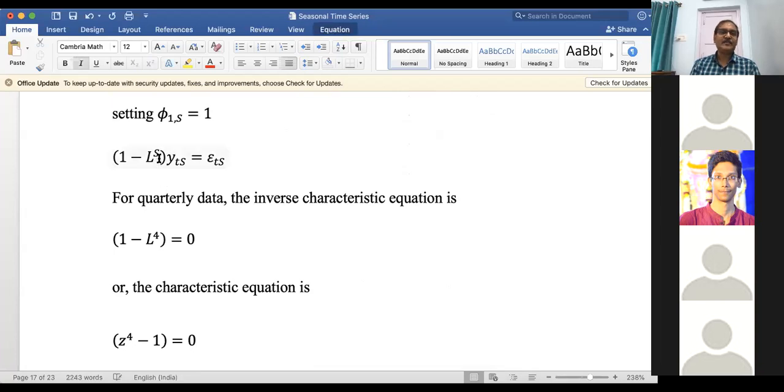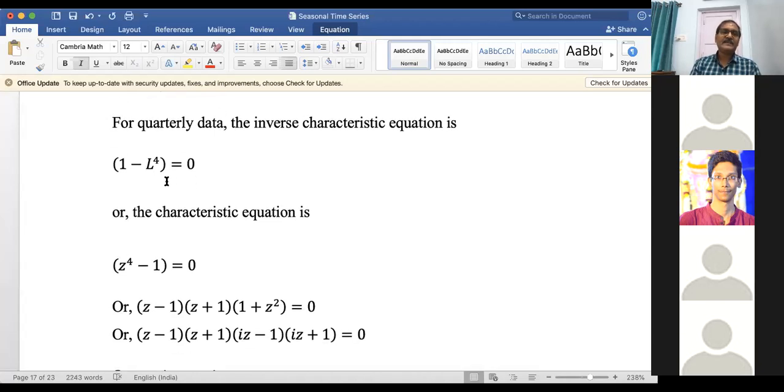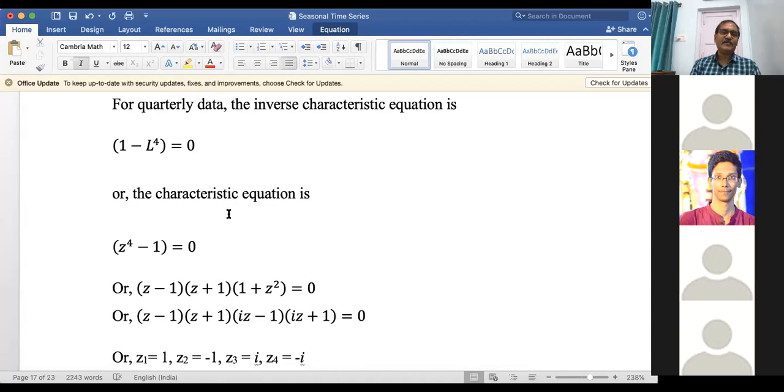If we set S equal to 4 here, you will get this expression: 1 minus L to the power 4 into yt4 is equal to epsilon t4. From here we have the inverse characteristic equation. If we set this part equal to 0, you get the inverse characteristic equation: 1 minus L to the power 4 is equal to 0. And if you set 1 by L equal to Z, you get the characteristic equation in this form: Z to the power 4 minus 1 equal to 0.